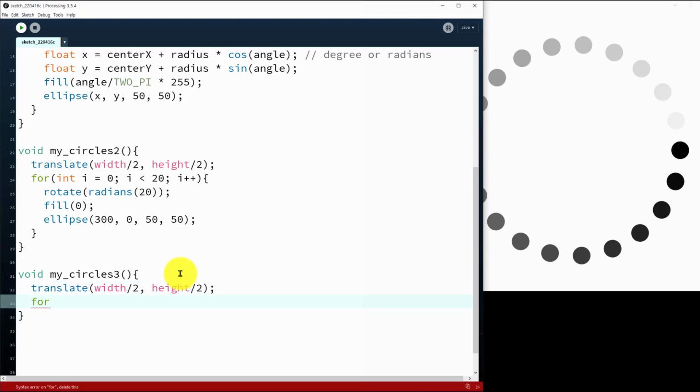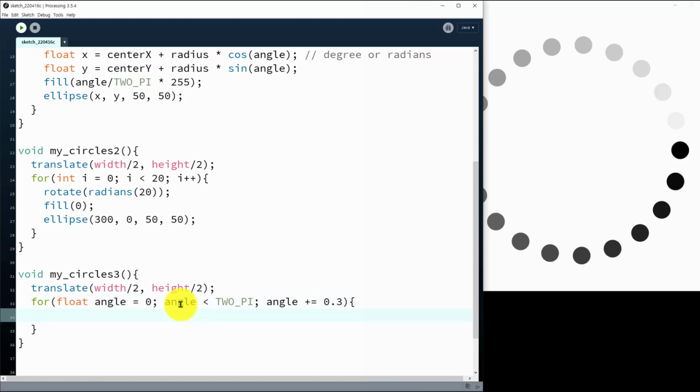In this case, we are going to use a different variable, angle. We are gonna draw one circle and change it into different angles, right? The my circle 2 used the number of circles, but we are gonna use the angle variable in circle 3. The angle should begin at 0 and be less than 2 pi, and the angle will be incremented by 0.3.